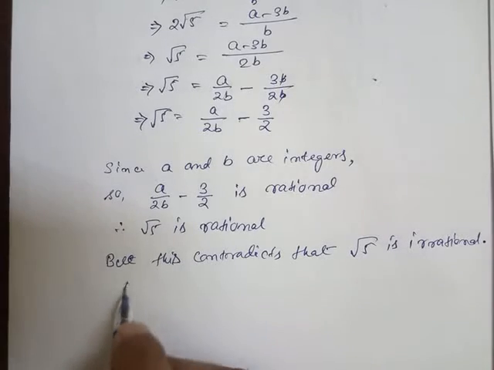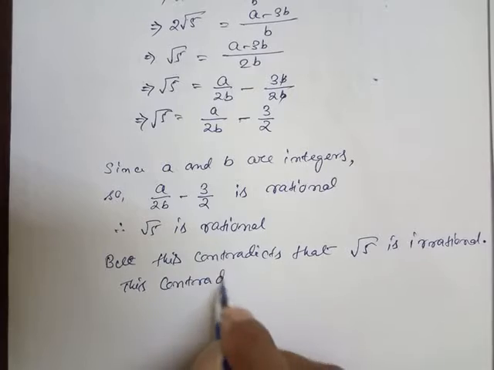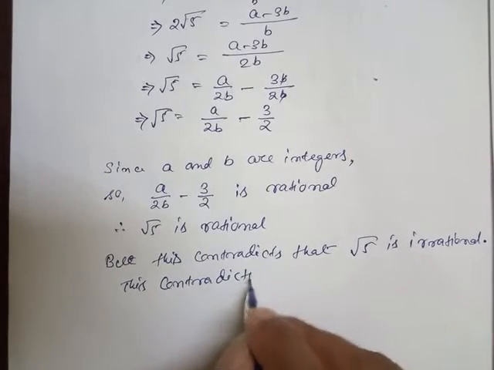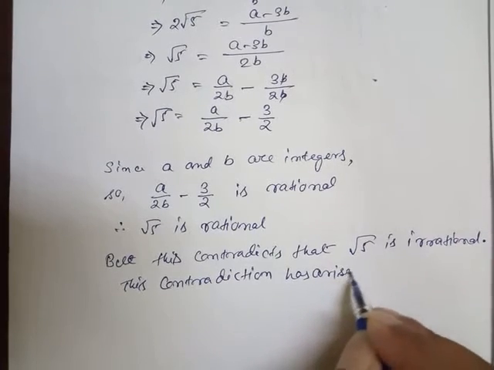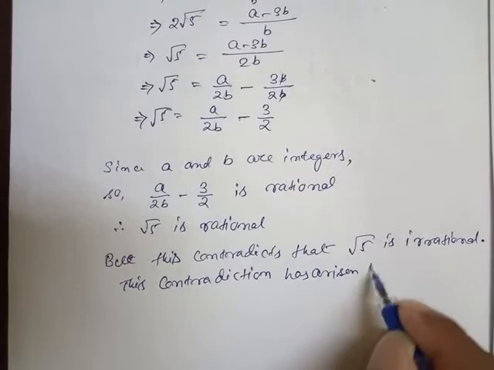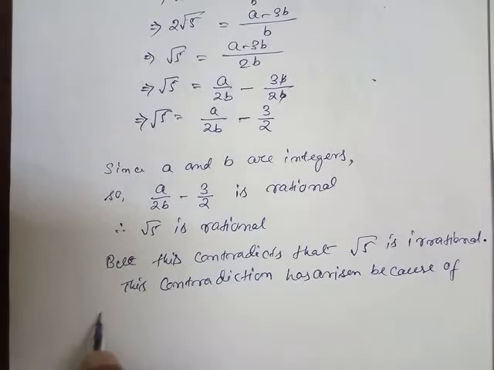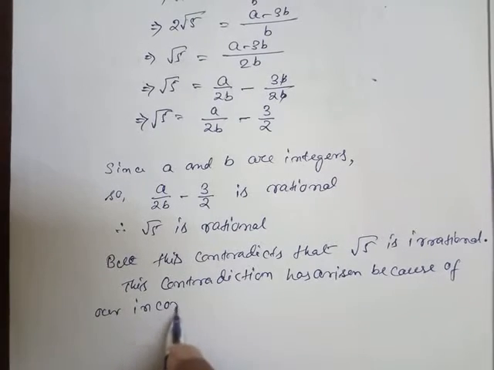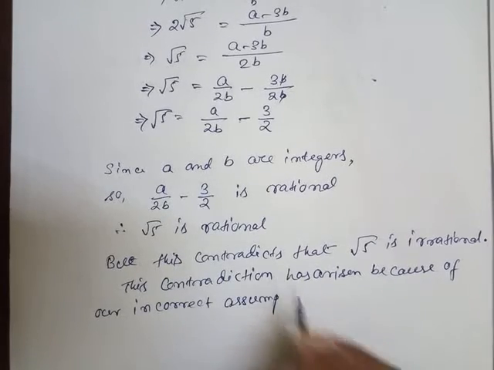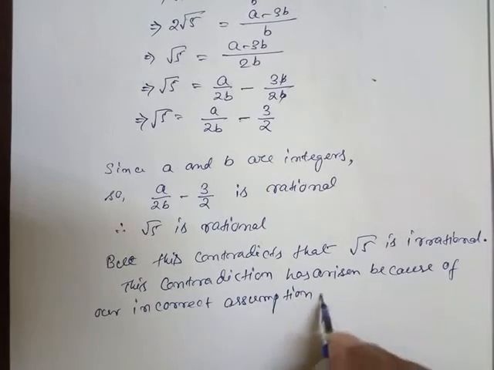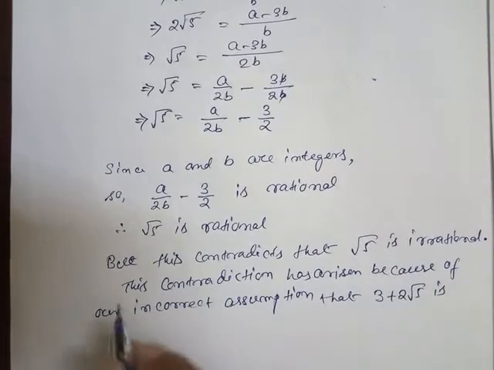So we'll write here that this contradiction has arisen because of our incorrect assumption that 3 plus 2 root 5 is rational.